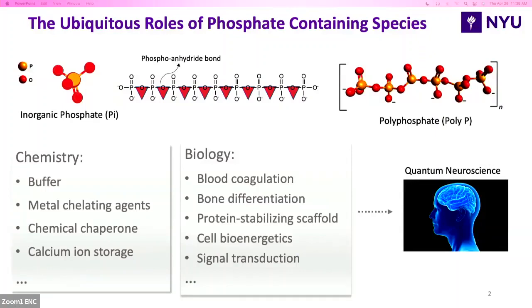As we all know, phosphate and polyphosphates are molecules with simple structure, but they play ubiquitous roles in a myriad of processes, both in chemistry and biology. What inspired us most to study phosphate is their potential role in quantum neuroscience.